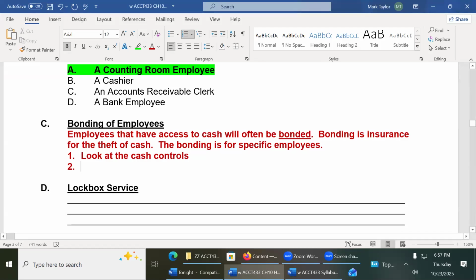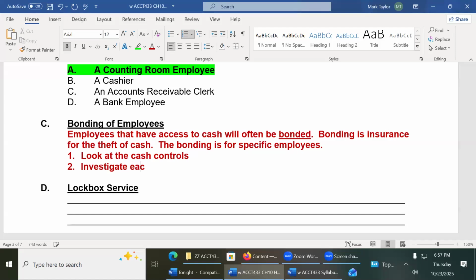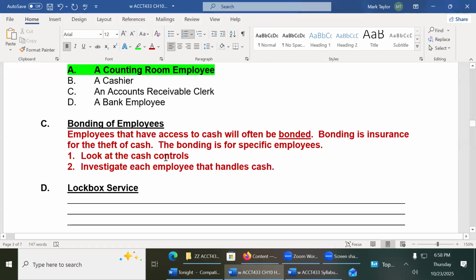Second, and probably more important, they will investigate each employee that handles cash, so it's not just an insurance policy.